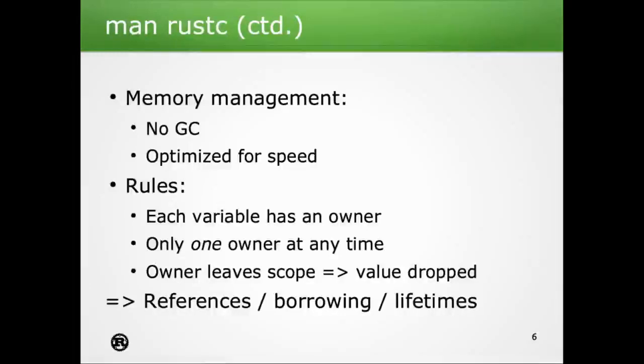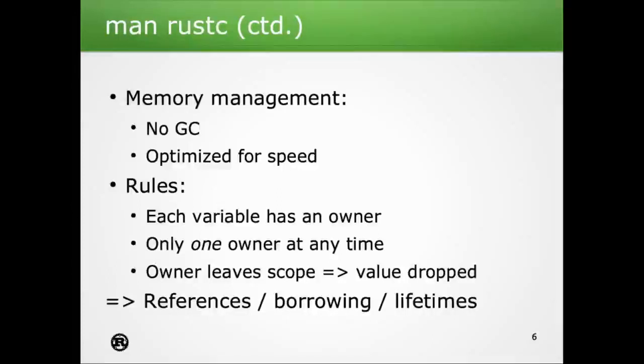In a soft real-time environment, that will kill you, for sure, because the one thing you want to avoid at all costs is non-predictable, non-deterministic behavior of a runtime environment.